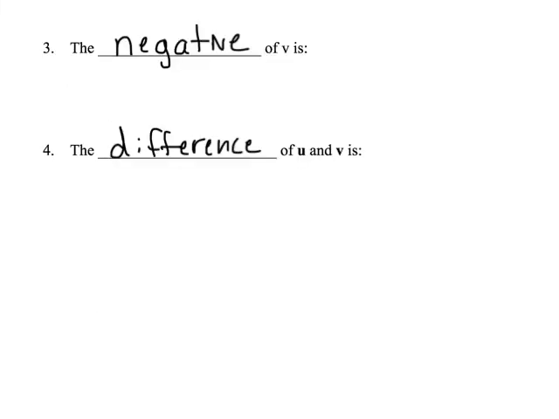So we can say the negation of v. If I have vector v, there should be a hat over that. The negation would be -1 times vector v. So in that case, it's going to be <-v1, -v2>. If you do that, the difference between u and v can be converted to addition, or you can treat it like this.